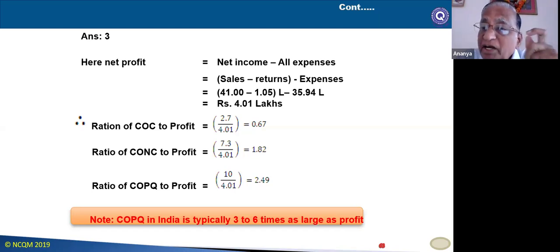And then we work out what is happening. So product quality is not only restricted to the operation or to the quality department. It is now going up to the top management and they are very serious about reducing this. Is it clear? So that is the importance.